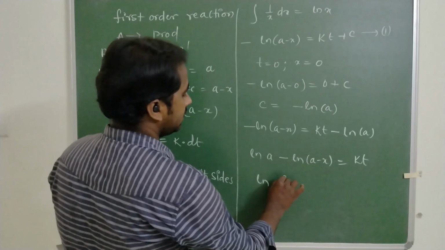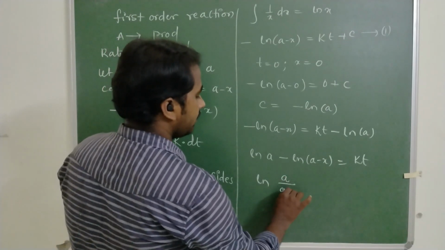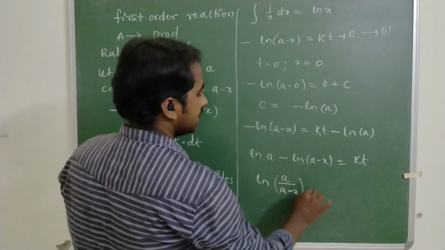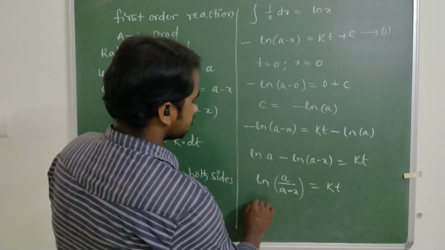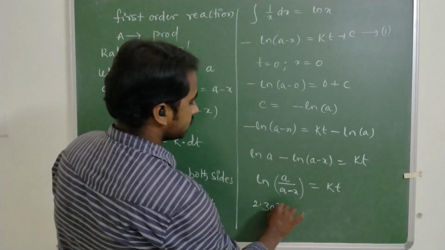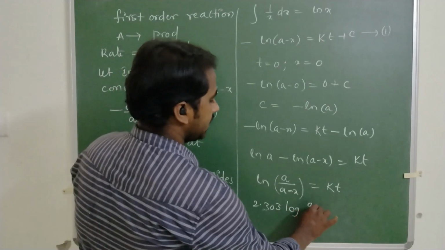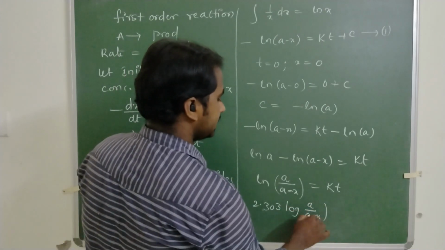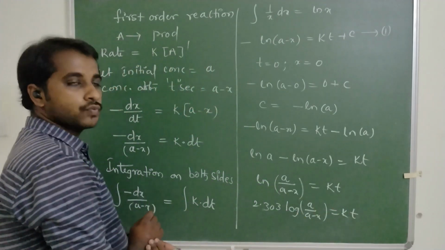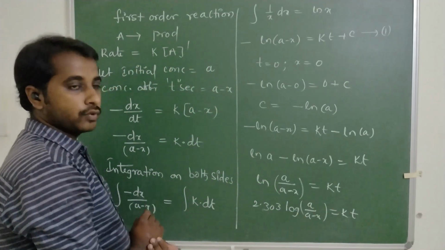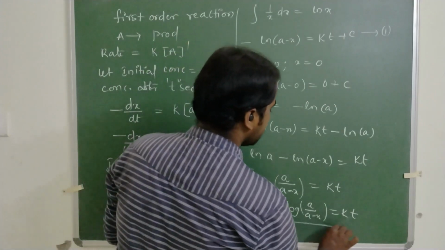So I can write ln a by (a minus x) is equal to kt. ln can be written as 2.303 log, so 2.303 log a by (a minus x) is equal to kt. This is the first order integrated rate equation.